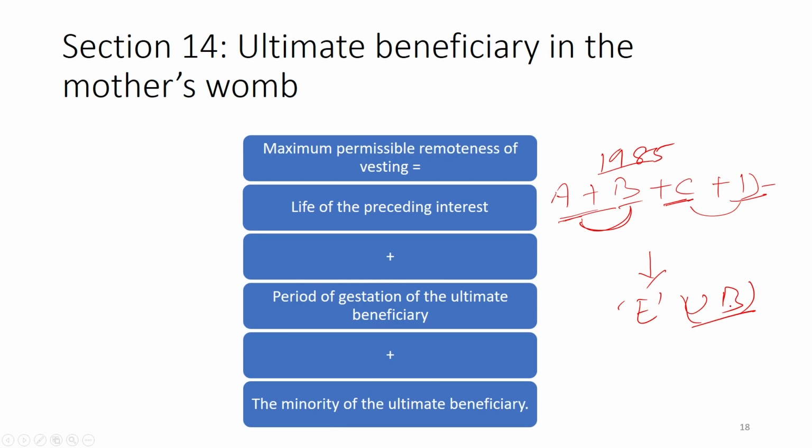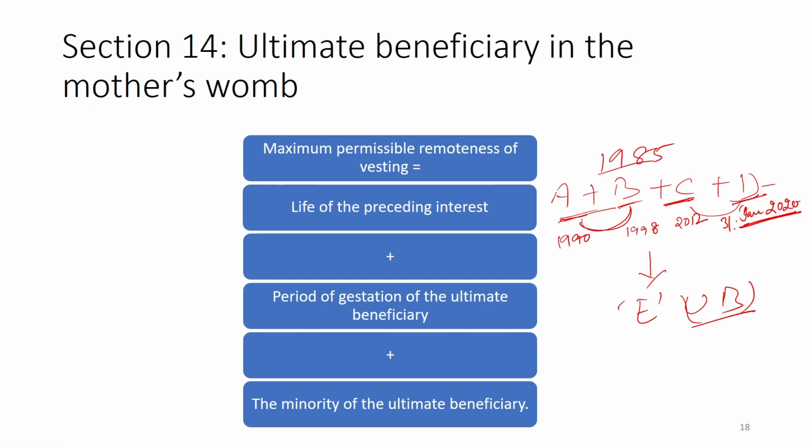So, what will happen in this case: if A dies first, before B, in 1990, then B dies in 1998, then C, a son, died in 2012, and D died in a road accident on 31st January 2020.